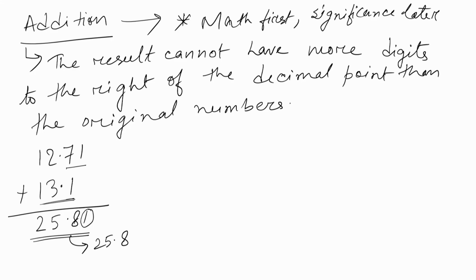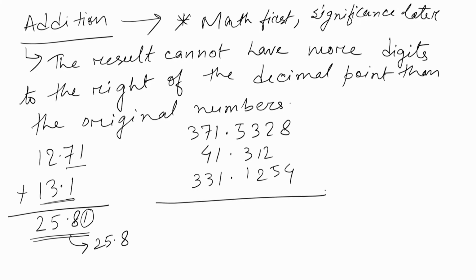Now let's say 371.5328, 41.312, 331.1254. We will have to add them.